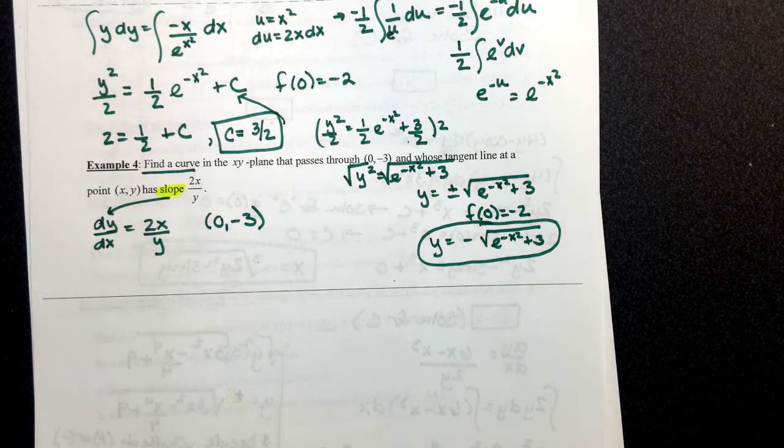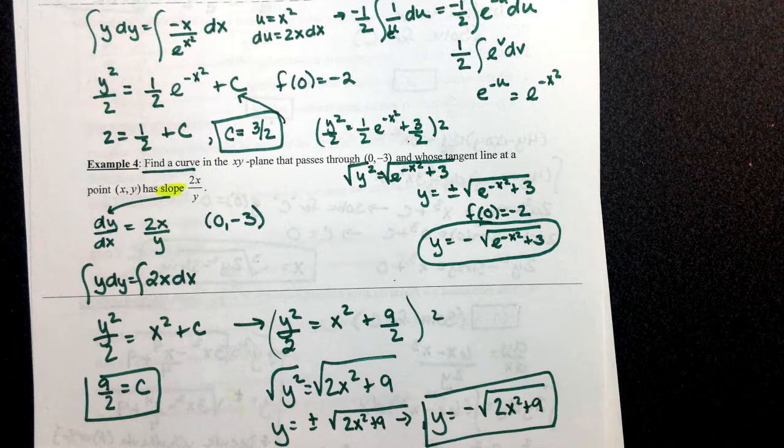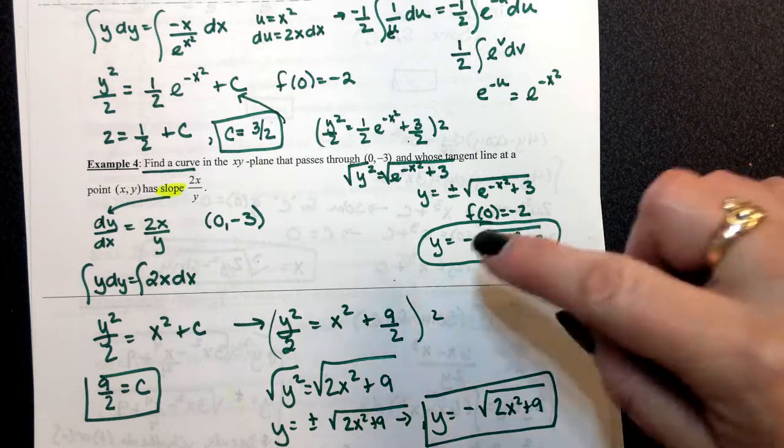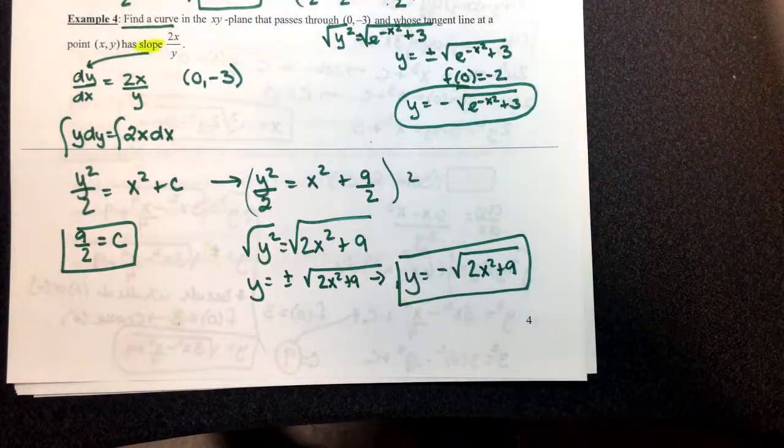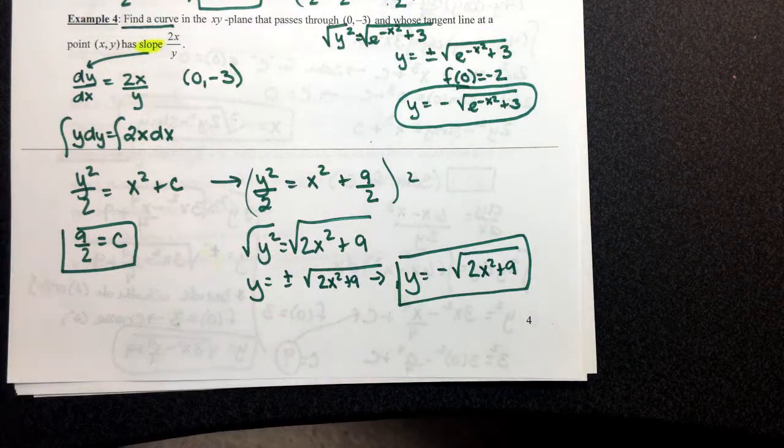So you guys go ahead and try this one on your own. Go ahead and do your separation of variables and then see if you can solve for C. So you should end up with y squared over 2 is equal to x squared plus c after you've done your integration. And then you end up with a constant of 9/2.